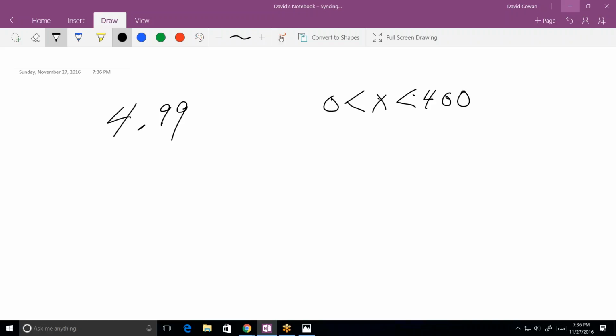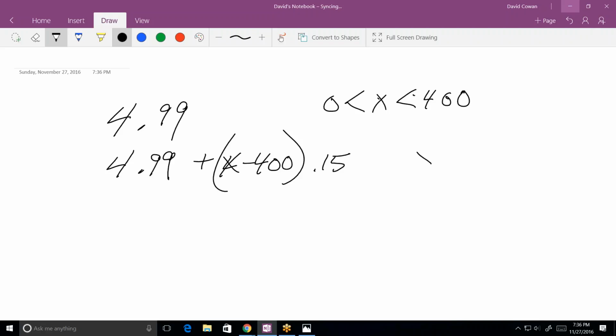And the cost is $4.99 plus x minus 400 times 0.15 when x is greater than or equal to 400 and less than or equal to 1,000.